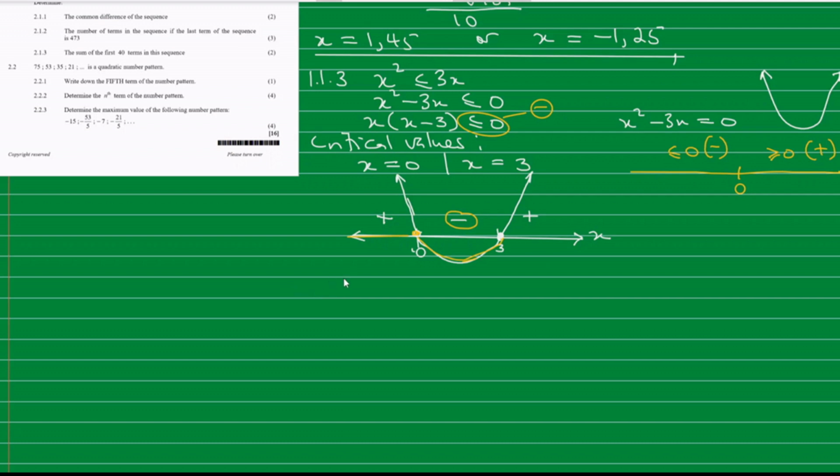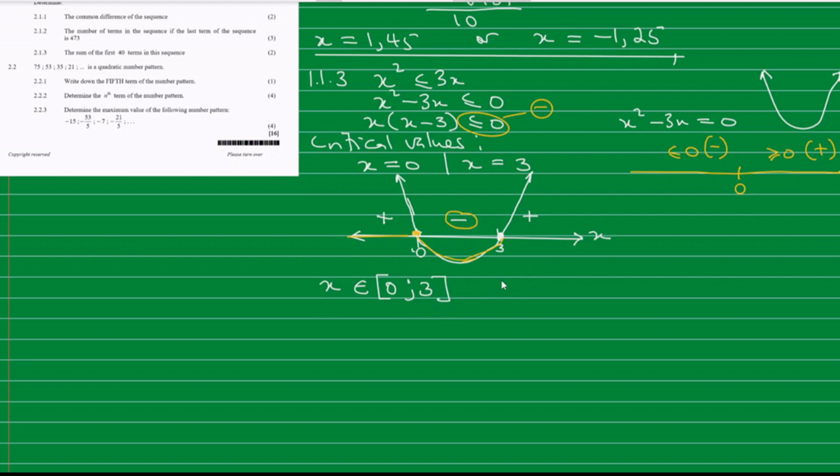So we are going to write our values of x as x is an element of, which means x belongs to the set of numbers from 0 up to 3. Okay, we use square brackets. We will explain why we are using the square brackets and not the rounded ones in another video.